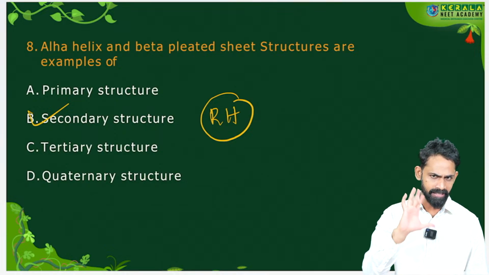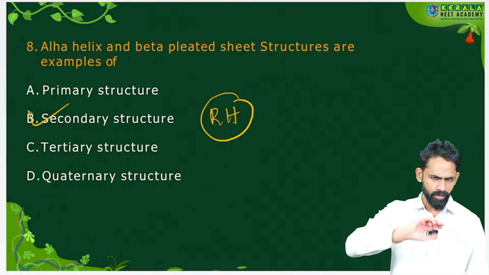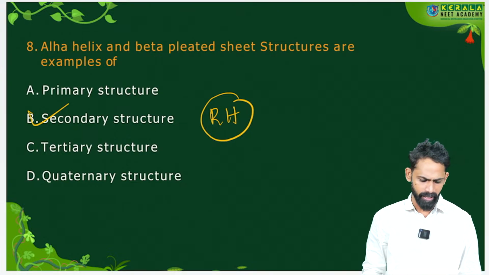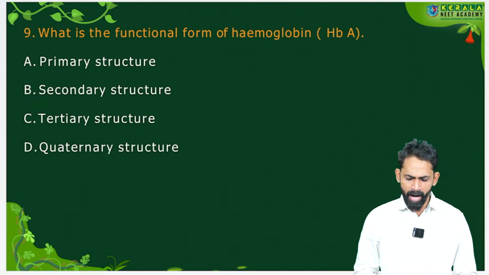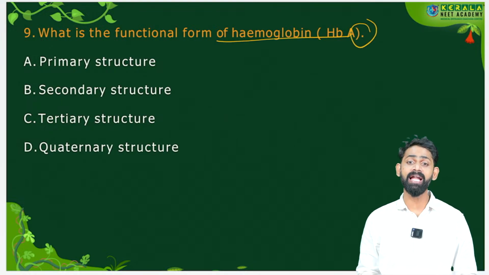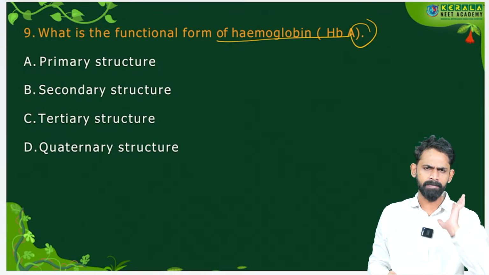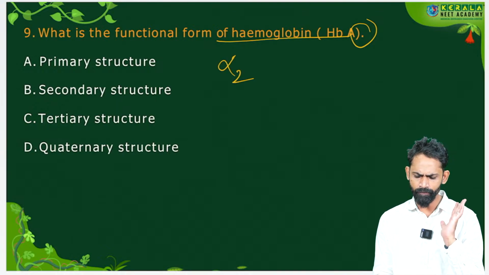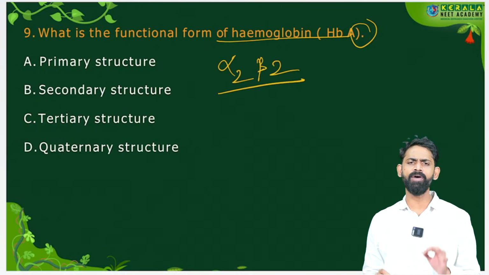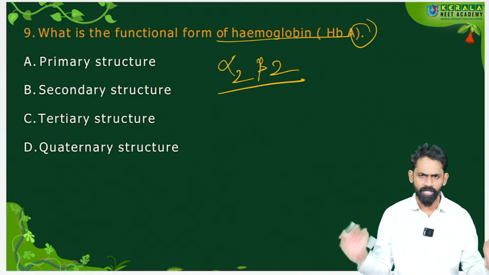So the structure of protein is an important area, and I am giving some questions on it. What is the functional form of hemoglobin? Here I mentioned A, which means adult. This is the functional form. When you are speaking about hemoglobin, there are 4 polypeptide chains: 2 alpha polypeptide chains and 2 beta polypeptide chains.